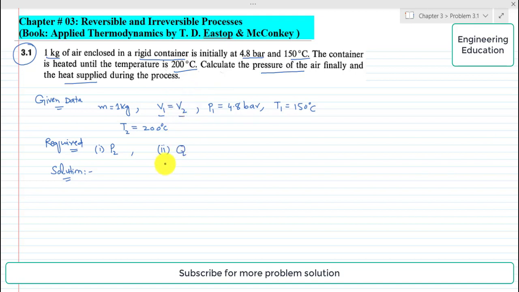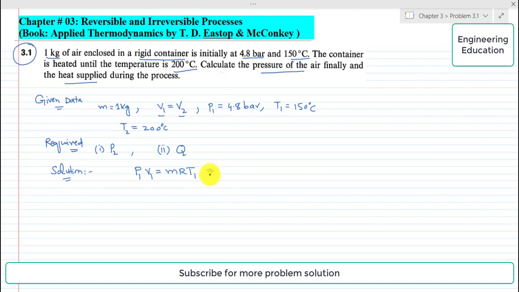So using this criteria, writing the state equation for the two states, one is initial and second is final. For state 1, the characteristic equation of state will be P1 V1 is equal to mR T1.